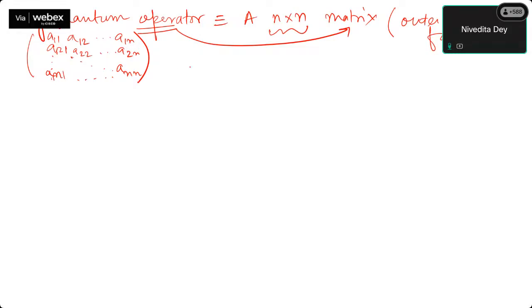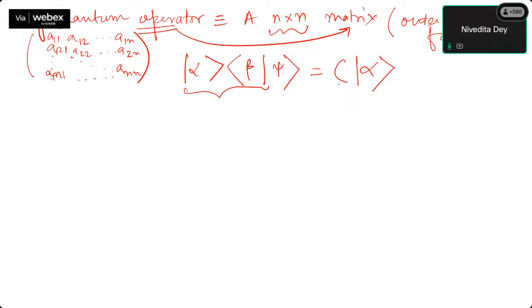So if we have a vector and apply the operator, then we get another vector with a certain amplitude in the same Hilbert space. These are the generic representations.